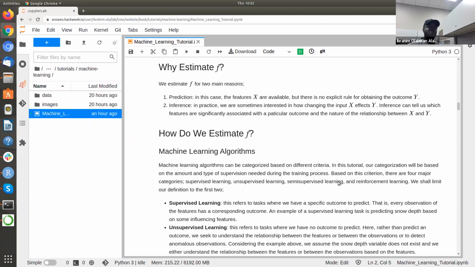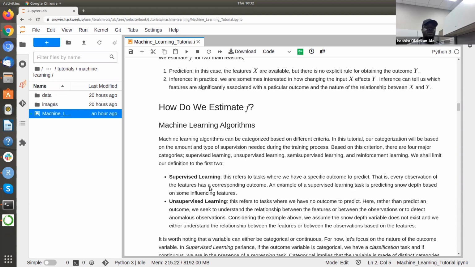Based on the amount of supervision you need, there are 4 categories of machine learning: supervised learning, unsupervised learning, semi-supervised learning, and reinforcement learning. In this tutorial, we will limit our definition to the first 2 because our goal is more related to these.